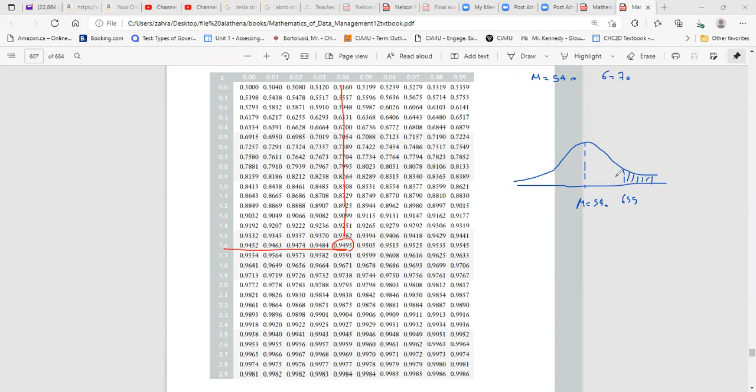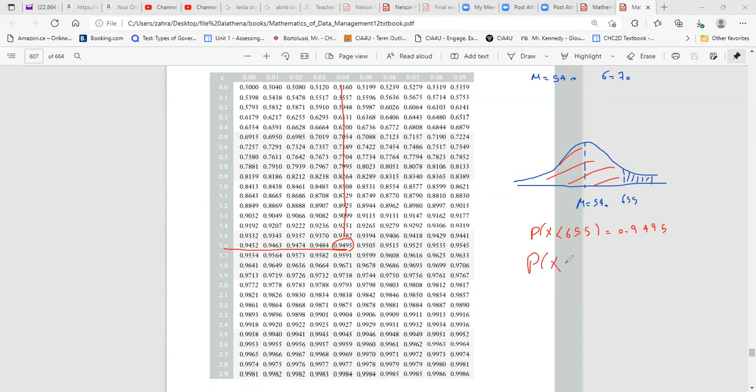This is for the area less than that, the probability when x is less than 655. It is 0.9495.